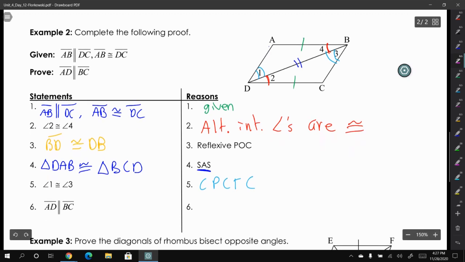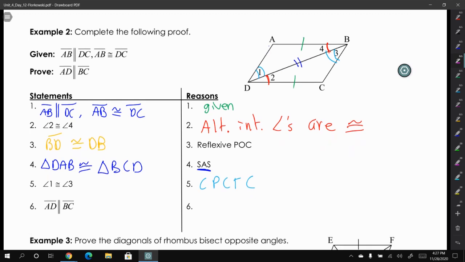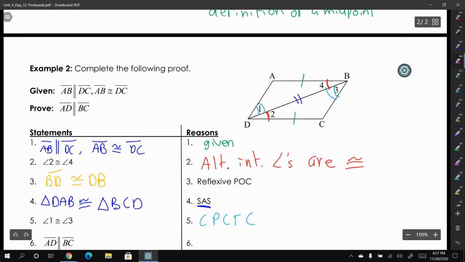So now what we're trying to prove is that AD and BC are parallel. Let me outline that. So here's AD and here's BC. And if I redraw that transversal, you now see that angles 1 and 3, the light blue angles, are formed by my parallel lines and transversal.